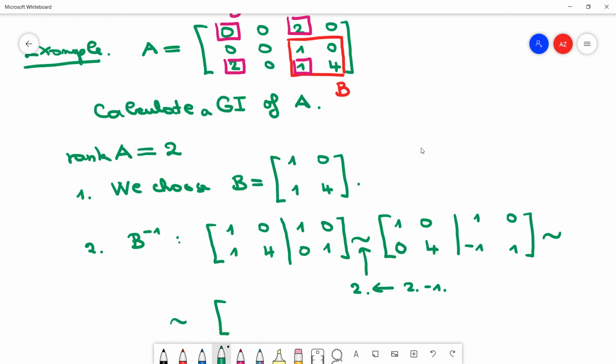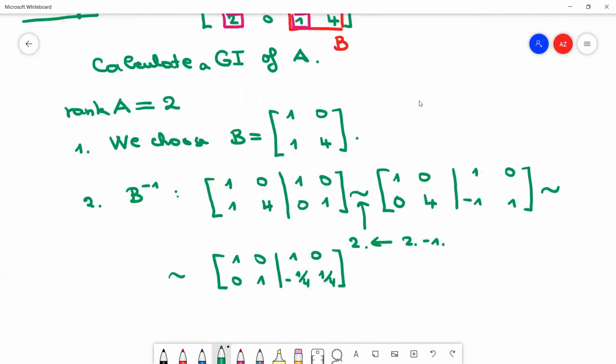We do this and get 1, 0, 1, 0, and 0, 1, and minus 1/4 and 1/4. So the second row is multiplied by 1/4. And so this is B inverse.